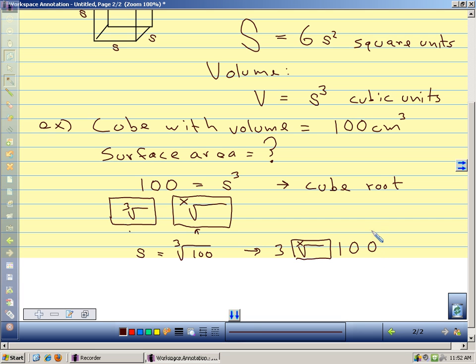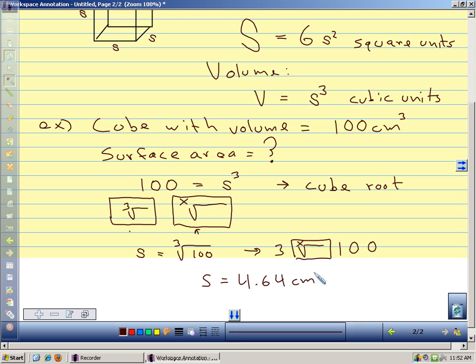So when I do that, I get S is about 4.64 centimeters.